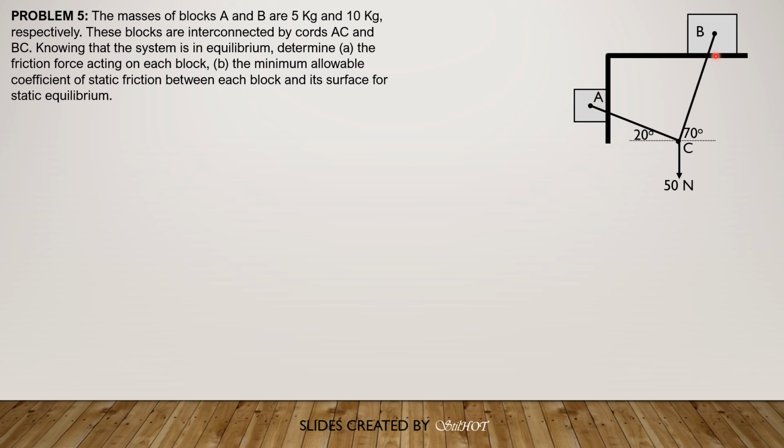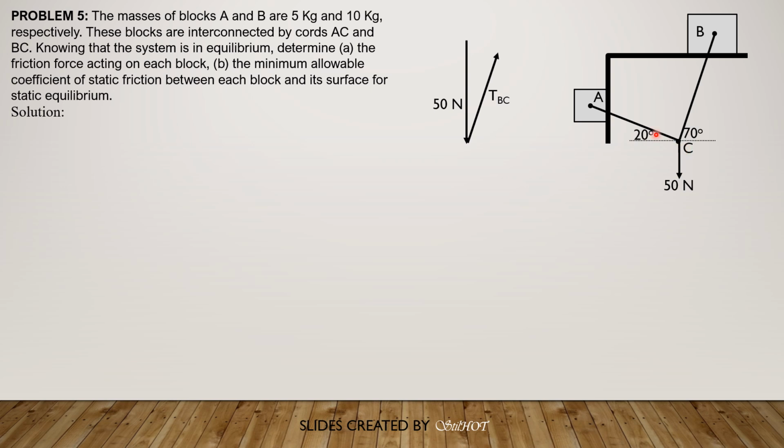and mu sub S B times NB for block B. So we have this force triangle. So 50 newtons. Then next is tension in BC, which makes an angle with the vertical of 20 because this is 70, 90 minus 70 is 20.